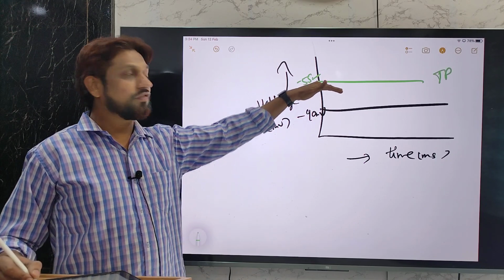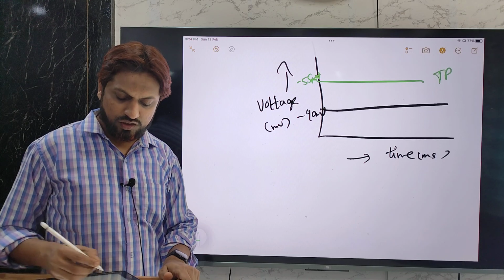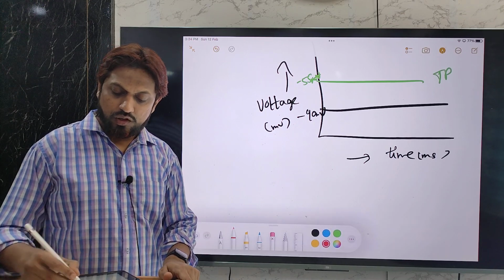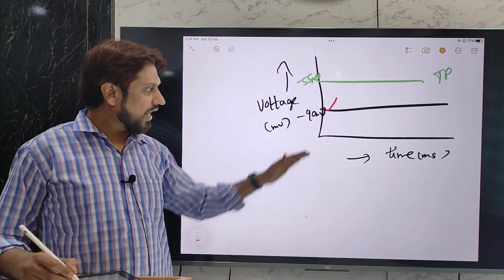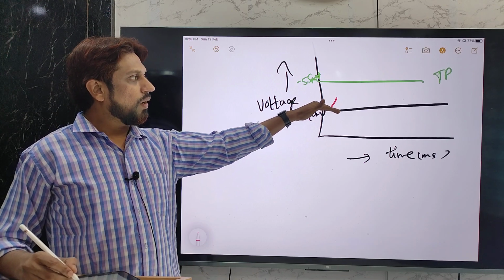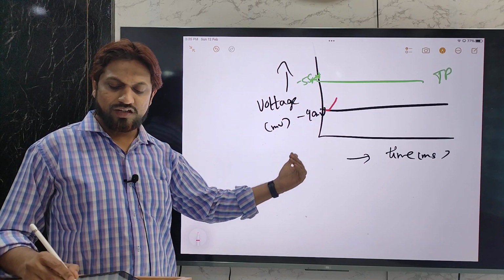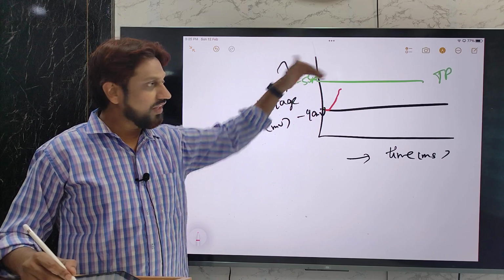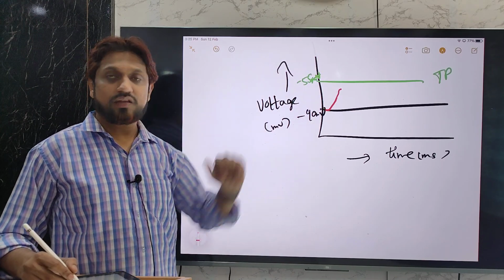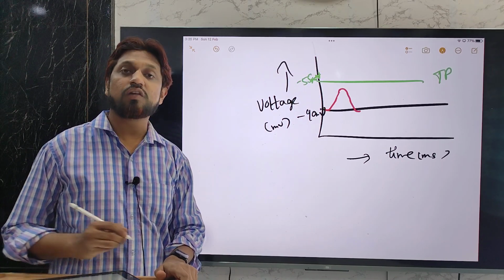The threshold potential is approximately minus 55 millivolt in the muscle. So the positivity causes the membrane potential to reach minus 80, minus 75, but it is less than the threshold potential. So it will not trigger the action potential, and ultimately this potential will die.